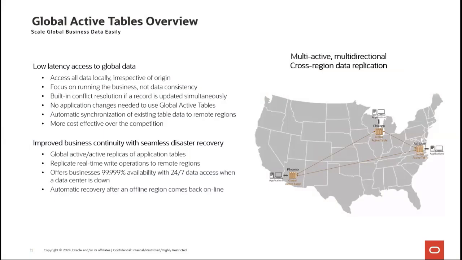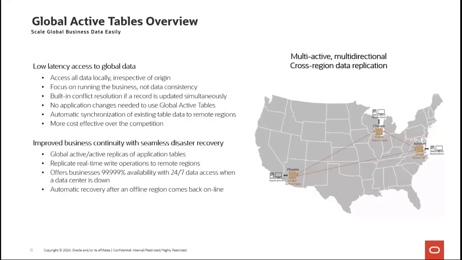But really what you have with global active tables is multi-active, multi-directional, cross-region data replication. And the beauty with that is it is built into the product. You don't have to add any other additional products. You're not trying to coordinate 2 different types of authorizations or anything like that.